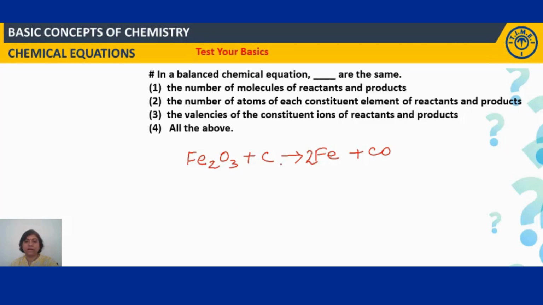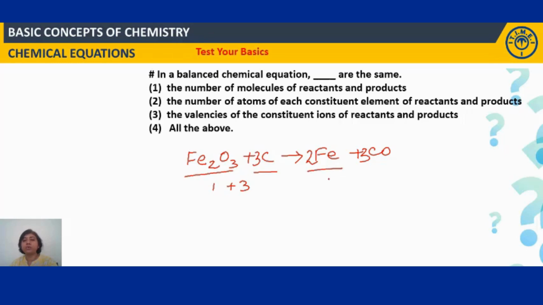It was already balanced and you are ready with this. Now, are the number of molecules of reactants and products the same? Look at it. On the left hand side there is 1 molecule of ferric oxide and 3 molecules of carbon monoxide, right? So total how many molecules are there? 1 plus 3, that means 4.